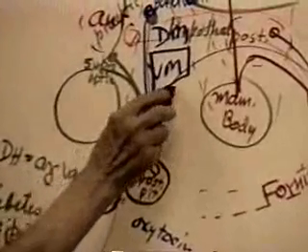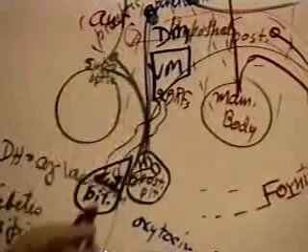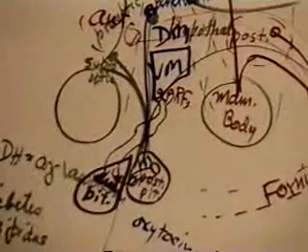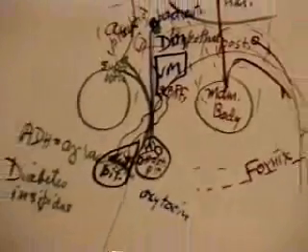So the releasing factors from hypothalamus can stimulate the particular cells to produce the particular hormone that one wants.